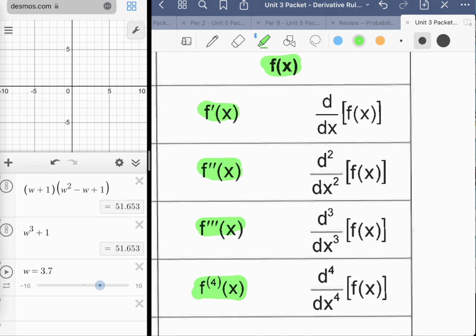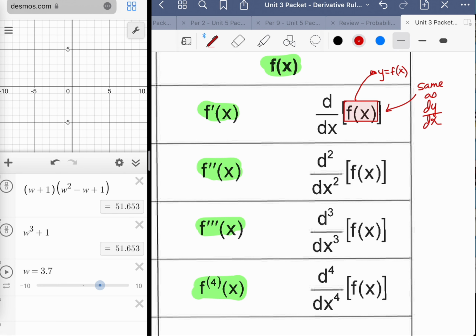So when we say something like dy over dx, we're saying that y is a function of x. This would be the same as dy over dx, which we should be pretty familiar with. We've seen that a lot.